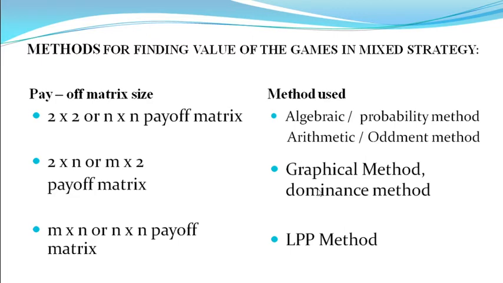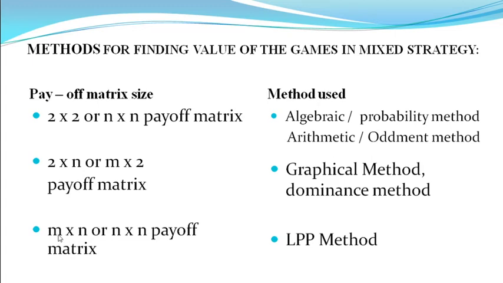Even the dominance method can be used for n cross n. If it is not possible to simplify with the help of dominance, we need to go by the oddment method or algebraic method. These methods simplify the problems into 2 cross 2, and then directly follow the oddment method, algebraic method or probabilistic method.